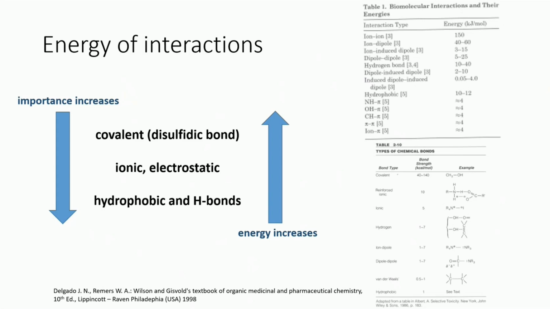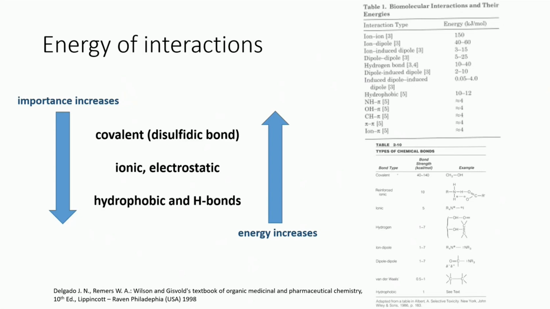On the right side of the slide, you can see some tables with the energy data concerning the particular types of interactions. They can vary a little bit depending on the source and the type of measurement.